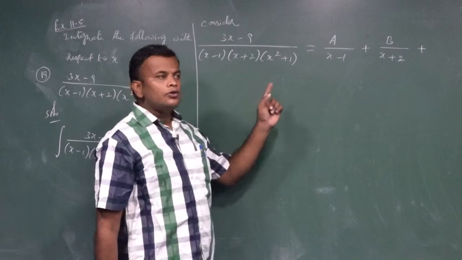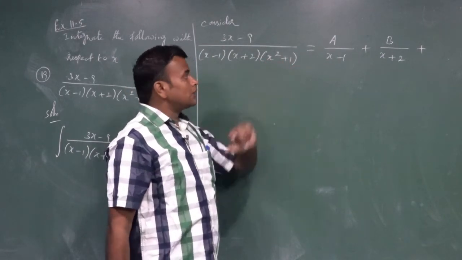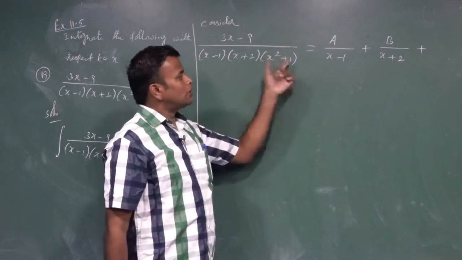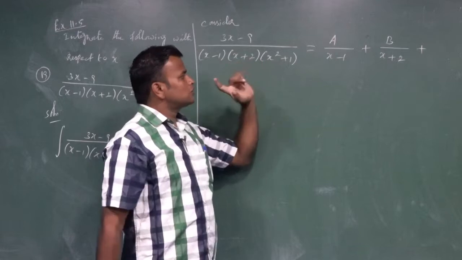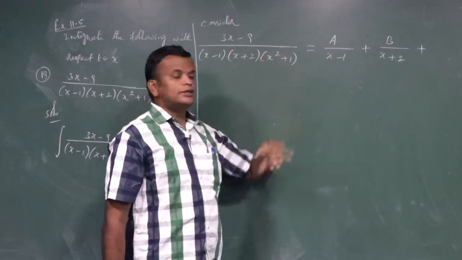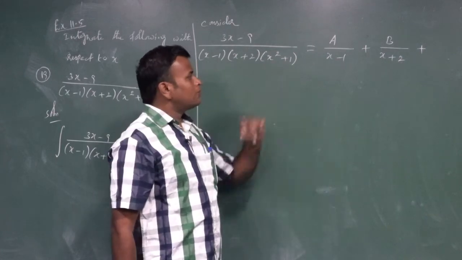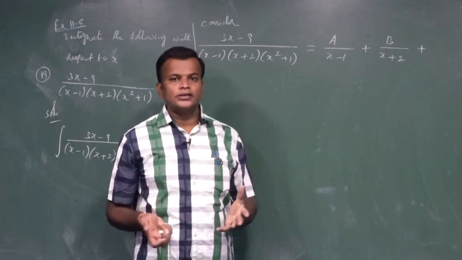Now you see, x square plus 1 is not a linear factor. It is a quadratic factor, and we can't split it into linear factors. A linear factor means the coefficient of x may be 1 or any other number, but no x square or cube is there. It's a quadratic polynomial, and we can't split it into linear factors.